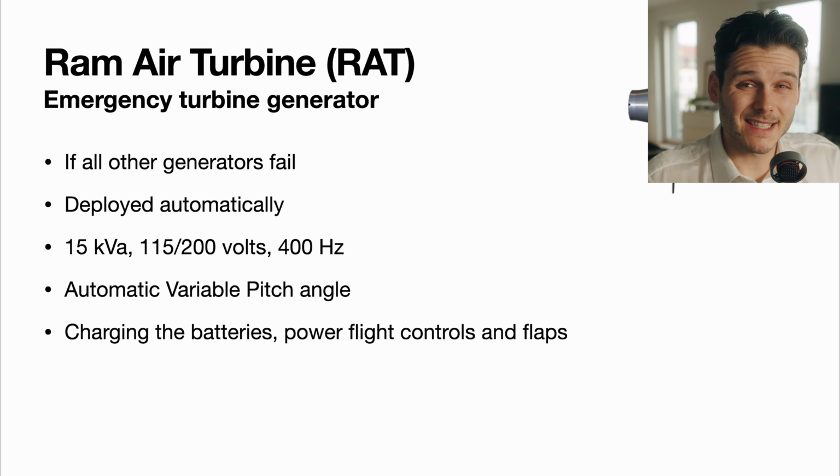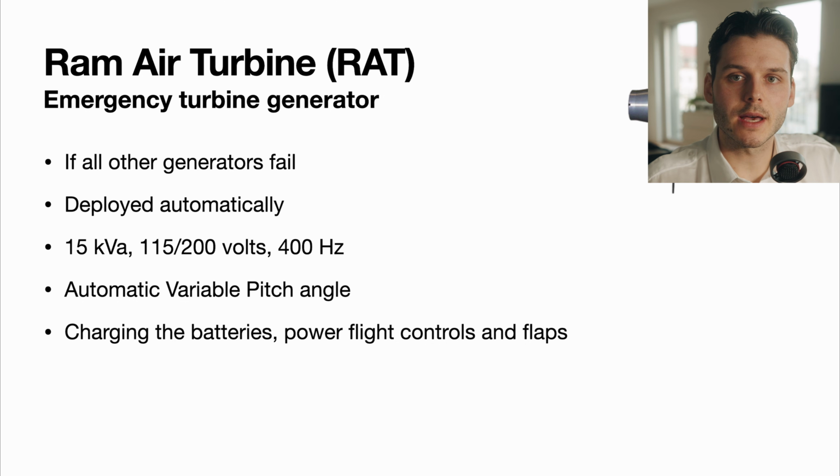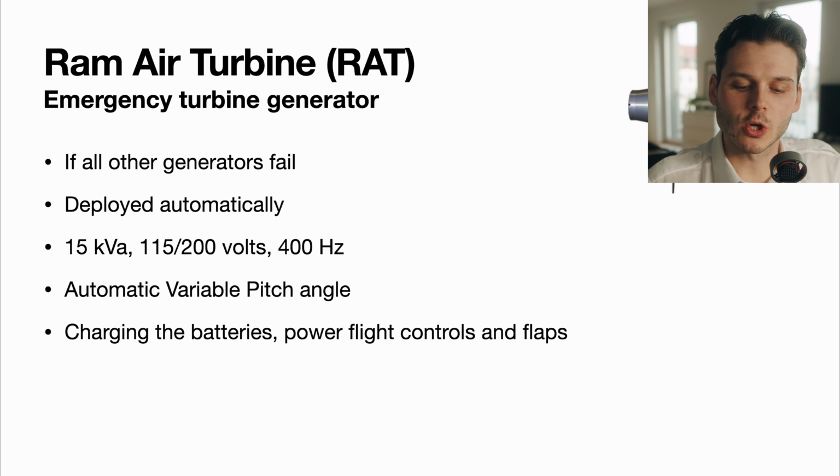And upon deployment, it takes about 8 seconds for it to produce electricity. And during that gap, we have the batteries with inverters getting us AC power for our essential systems. And the batteries can power, I think, 10 minutes before they run out of juice. And then the RAT has obviously taken over the job easily already.